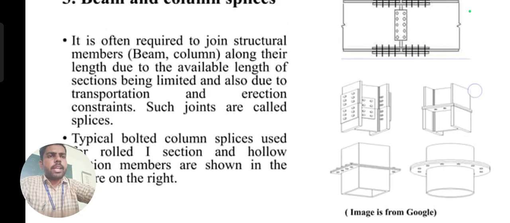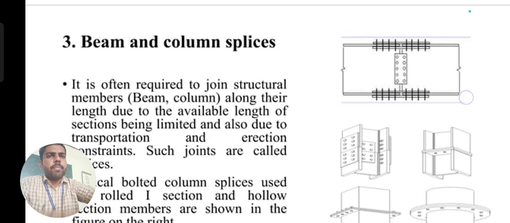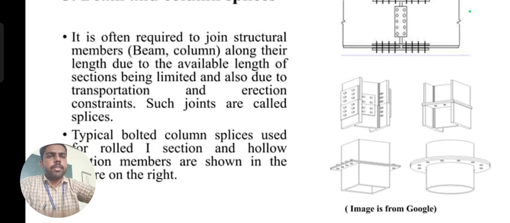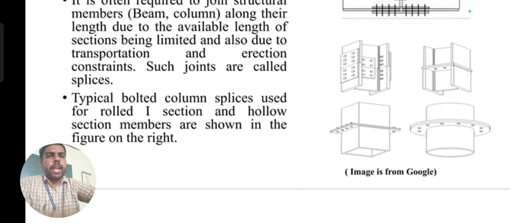Here plastic analysis effects are very low. In beam and column splices, it is required to join structural members along their length due to the available length of the sections being limited, and also due to transportation and erection constraints. This type of joint is called a splice.